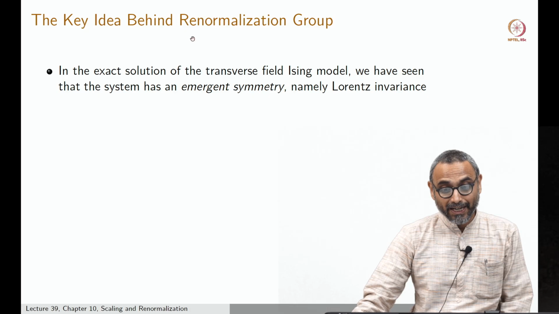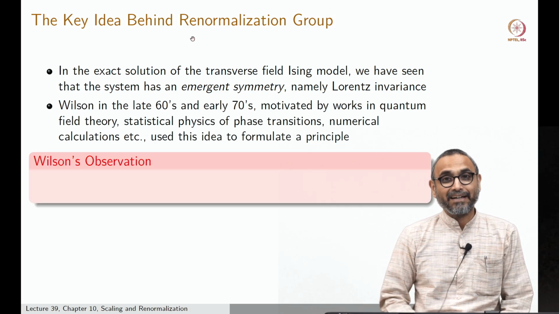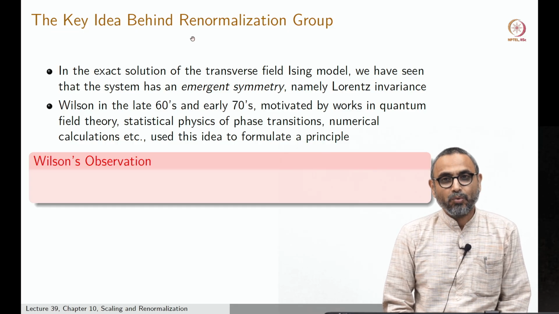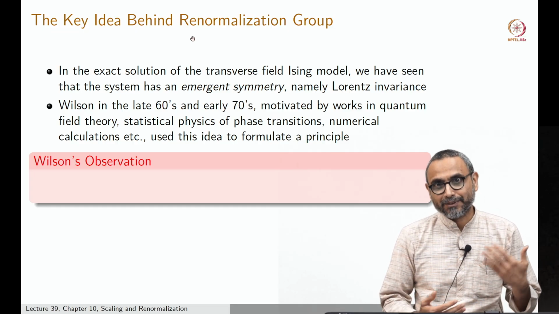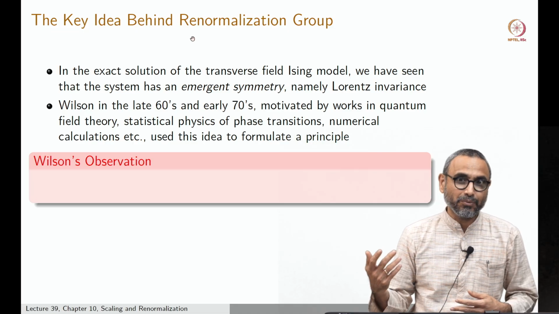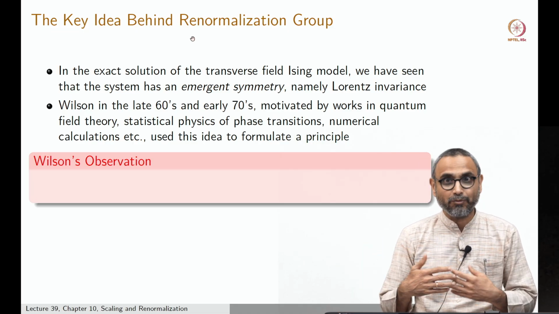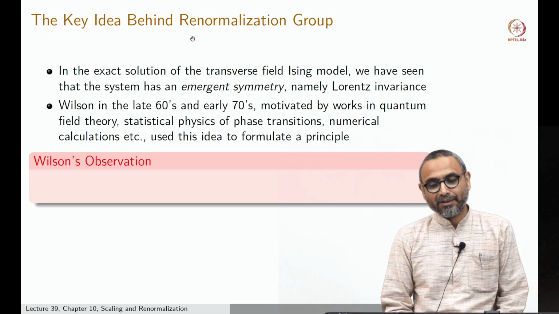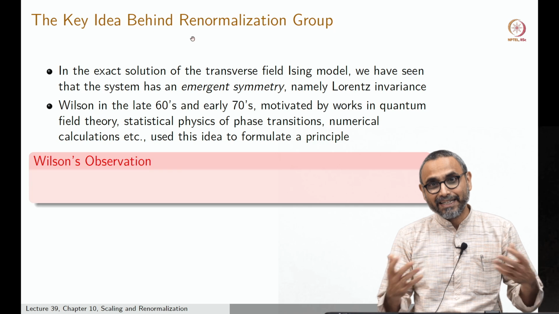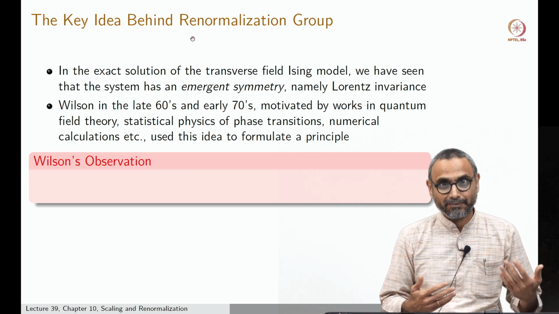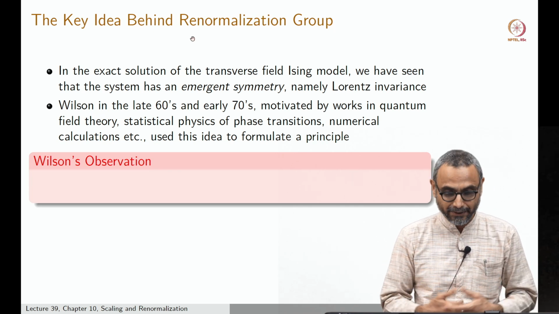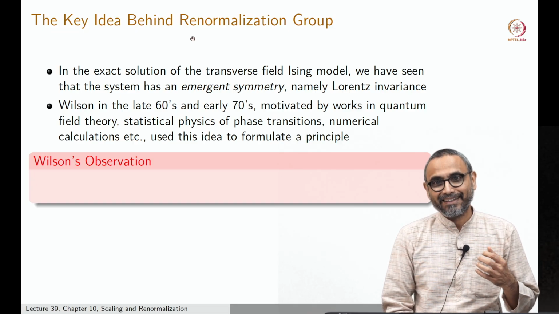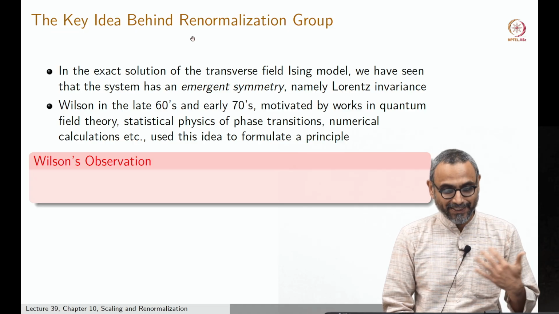This is an important lesson, and Kenneth Wilson, who worked on various problems starting from quantum field theory to classical statistical mechanics and everything in between, based on a variety of approaches, both field theoretic, numerical, etc., postulated a principle or an observation.